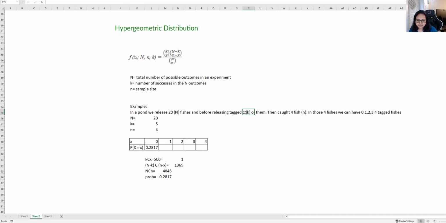Then next time we go to the pond and catch 4 fishes from there. In those 4 fishes, we could have 0 tagged, 1, 2, 3, or 4 tagged fishes, right? So the outcomes could be no tagged fish, all of them tagged, or 0, 1, 2, 3 up to 4.